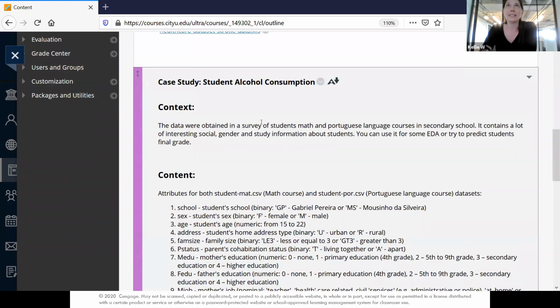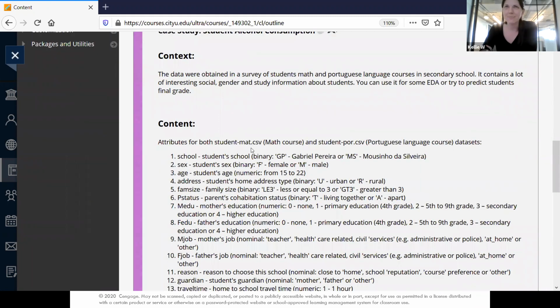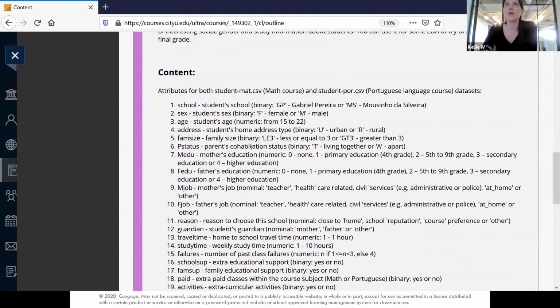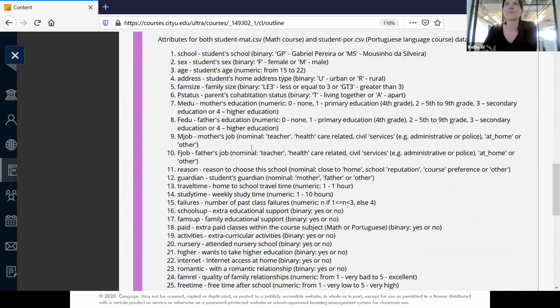The second set of data is student alcohol consumption. So they did a survey of students in math and Portuguese language courses, and they were trying to determine if you could predict the student's final grade based on all these things. So you get their sex, age, I mean, some of these fields you might not need, you might want to just get rid of so they're not cluttering your spreadsheet.